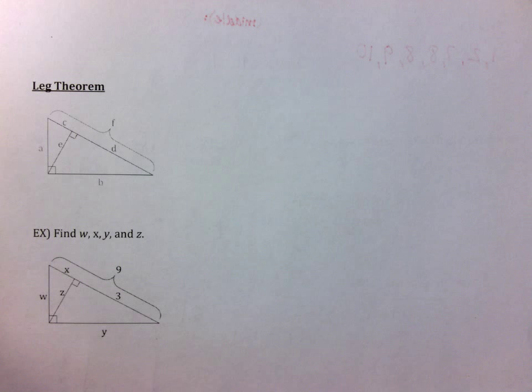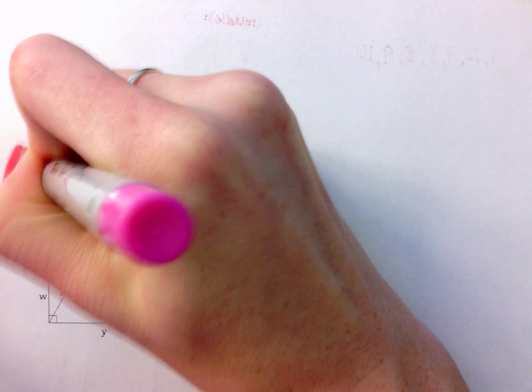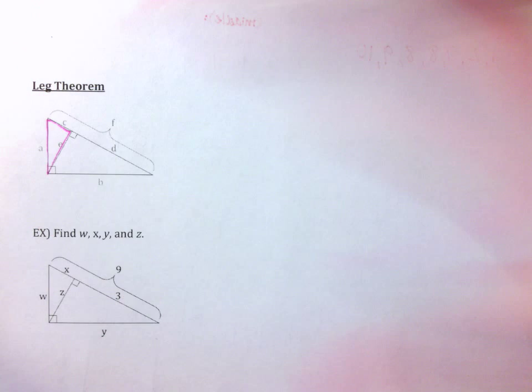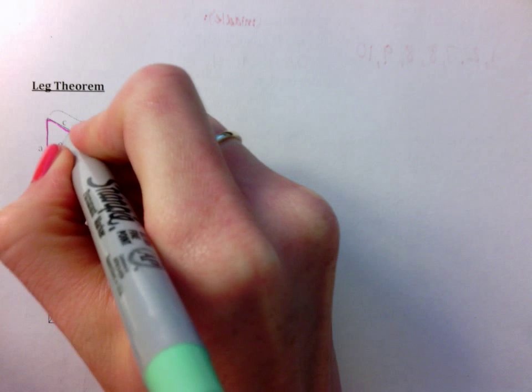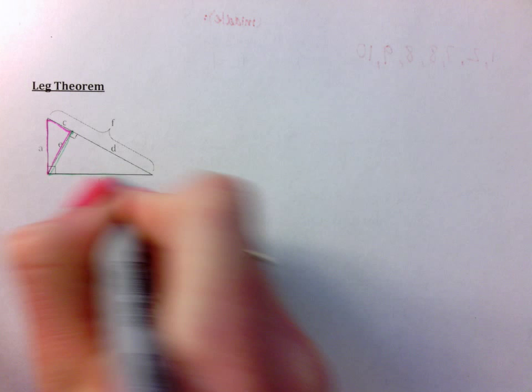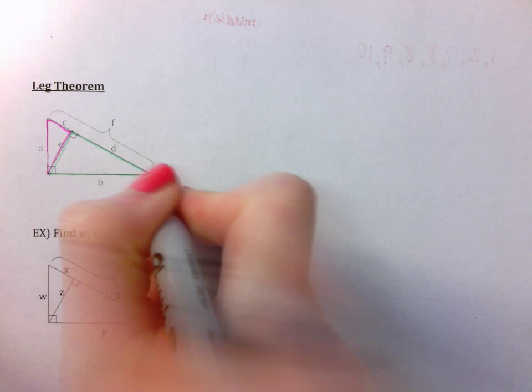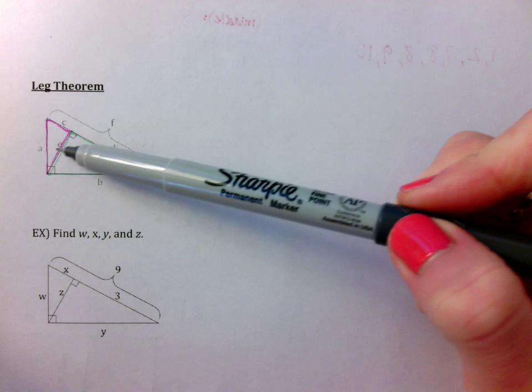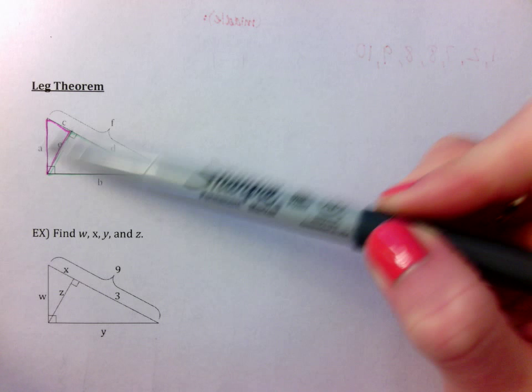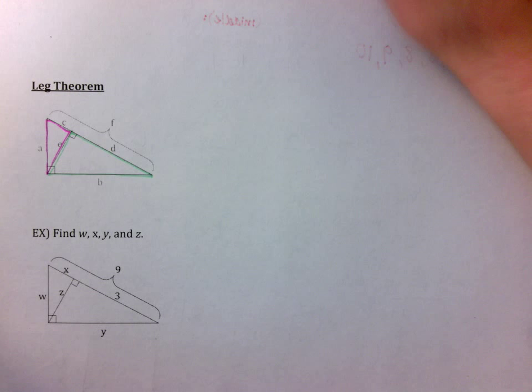So there's this triangle that I'm going to outline in pink that's formed by the altitude of the big right triangle, and then we'll do green for another one. And then there's this triangle over here. So hopefully you can see those. Those are also two right triangles.